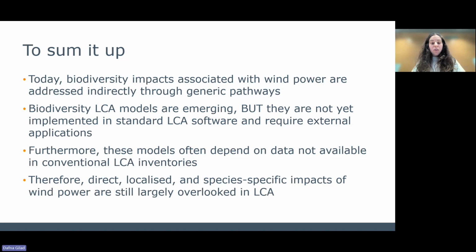And of course, these models depend on data that is not available yet in conventional LCA inventories. Because of that, direct, localized, and species-specific impacts of wind powers are still mostly overlooked in LCA today. So there's more work that needs to be done.